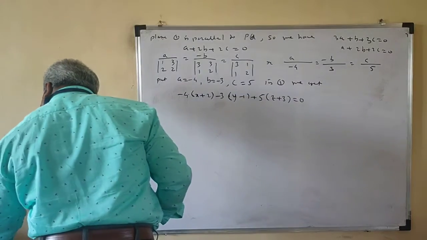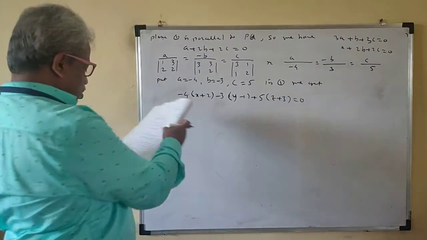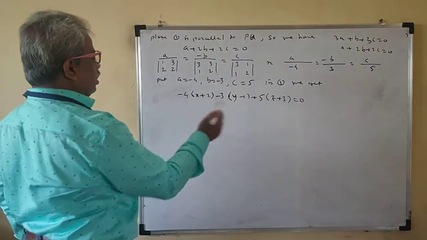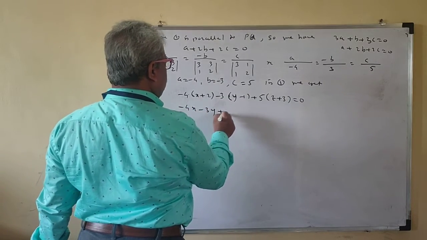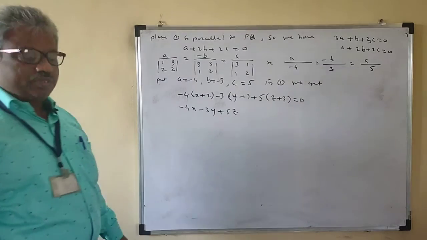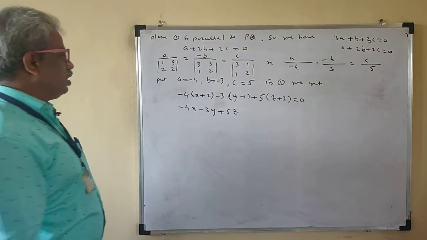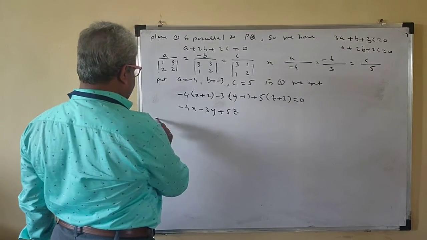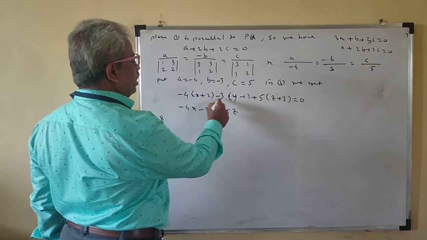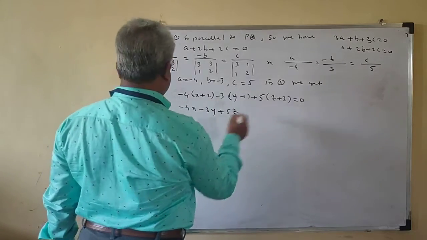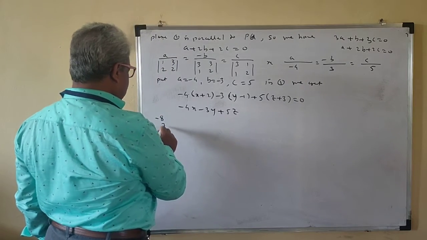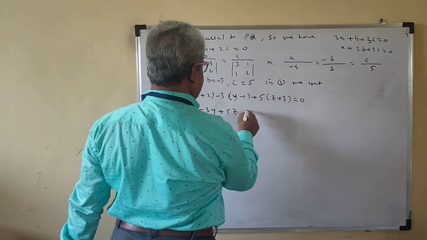So what you get is minus 4x minus 3y plus 5z. These are your coefficients of x, y, z. We will collect the constant now. This is minus 8, then minus minus becomes plus 3, and this is plus 15. So 18 plus 10.